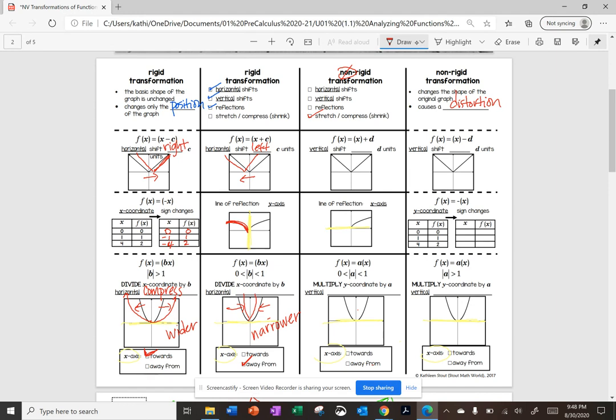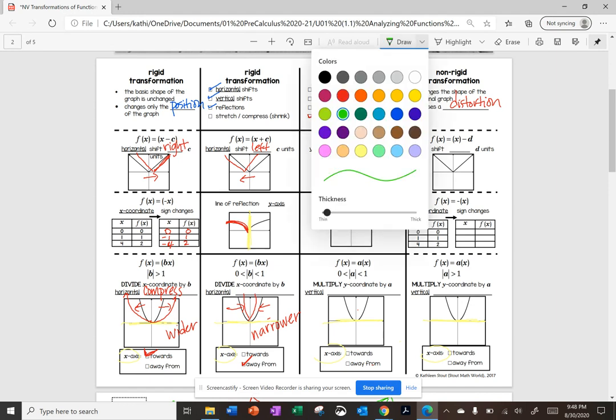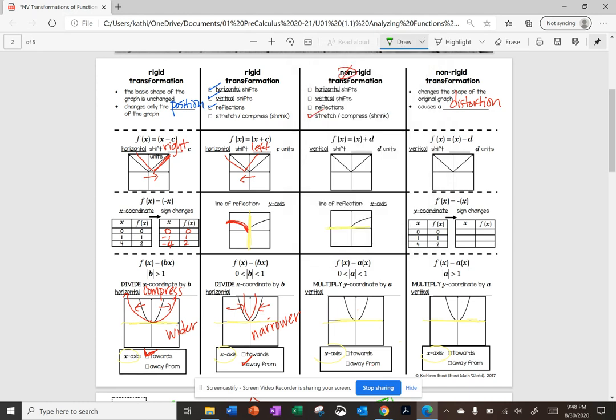Let's talk about the vertical transformations. So the vertical transformations are what I call normal. So the D transformation is my vertical shift. So if I'm adding, I'm going up. So I would call that normal. If I'm subtracting, I'm going down. I would call that normal.